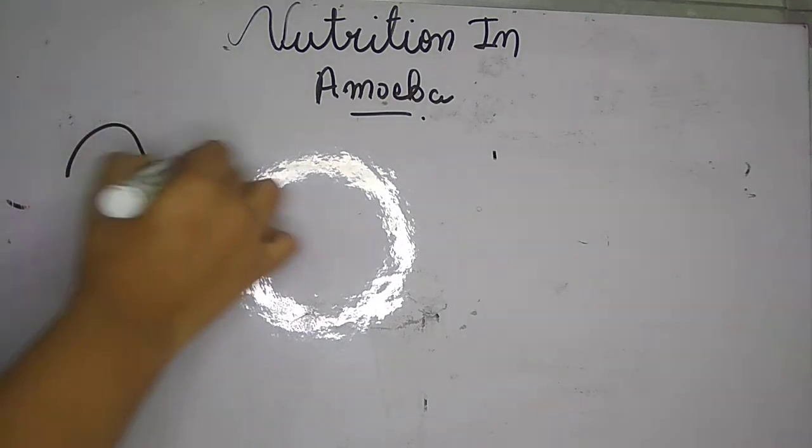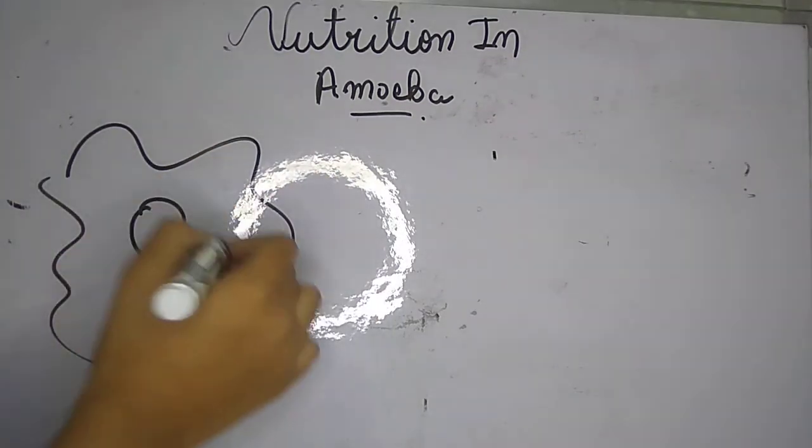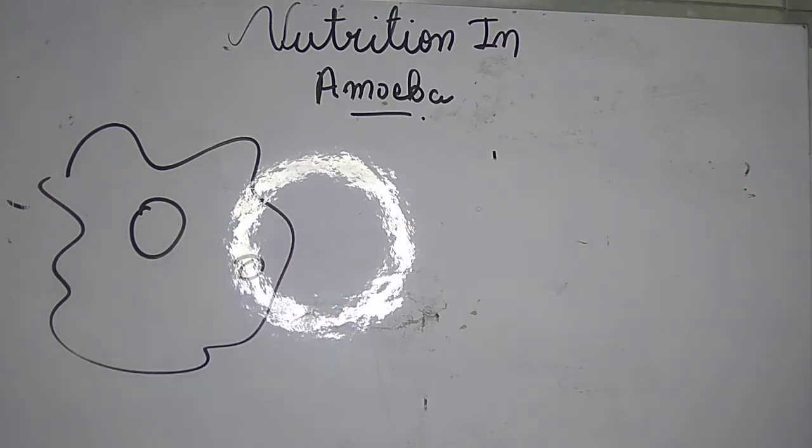Amoeba looks something like this. There's a food vacuole in it. The pseudopodia surround the food particle and engulf the whole food particle in one go. So this was all about nutrition in amoeba.